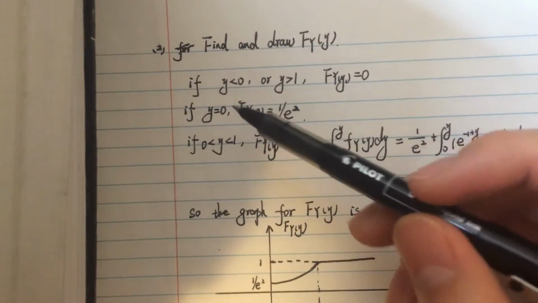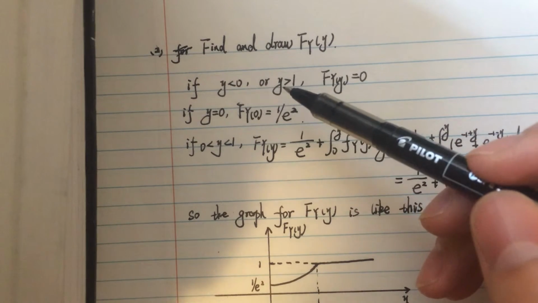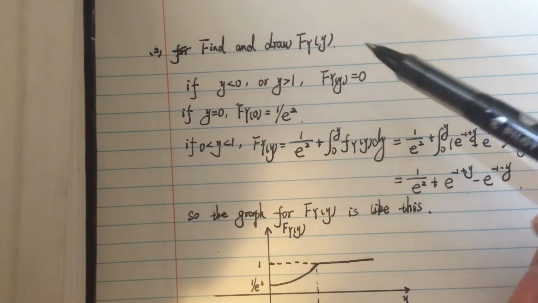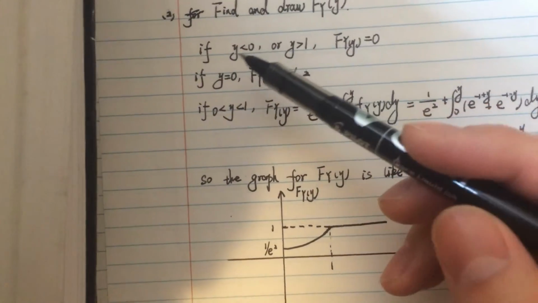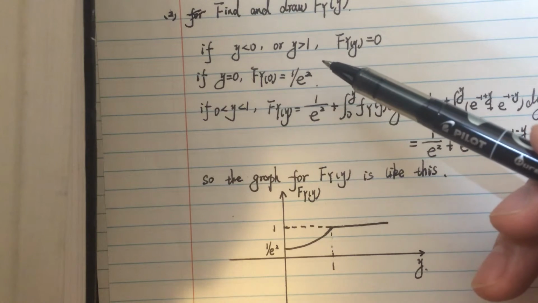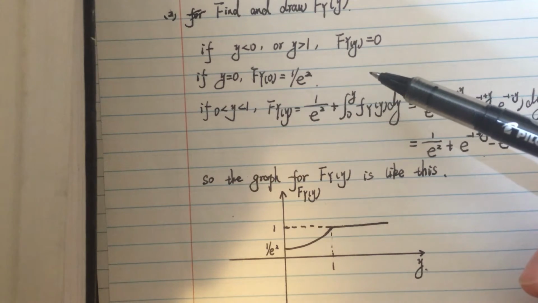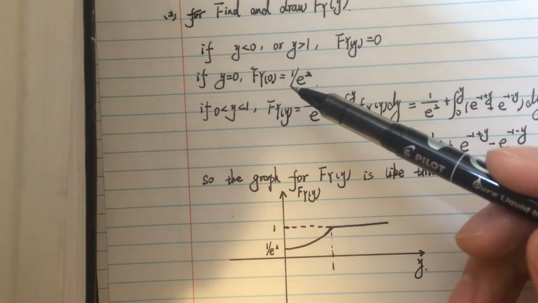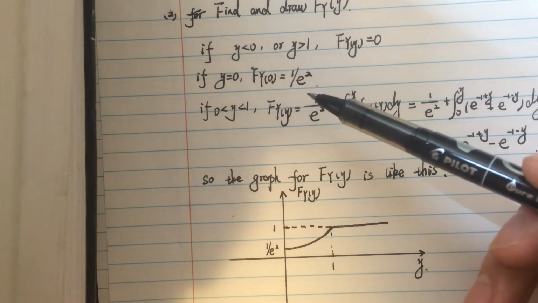Then the second question is find and draw the probability distribution function of y. First, if y is less than 0 or larger than 1, F_Y will equal 0. And if y equals 0, F_Y will equal 1 over e squared.